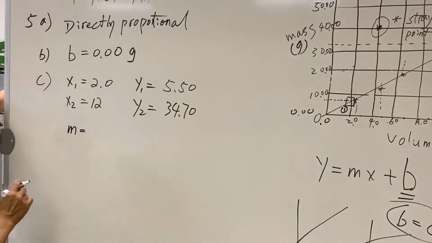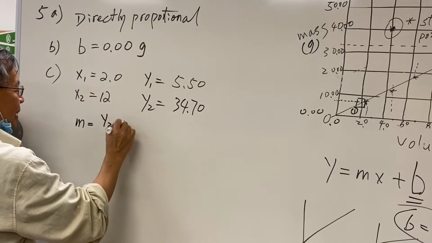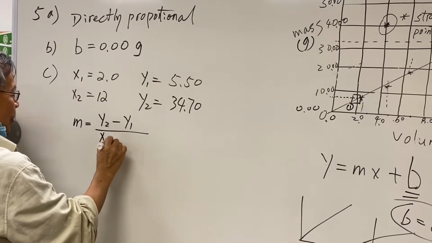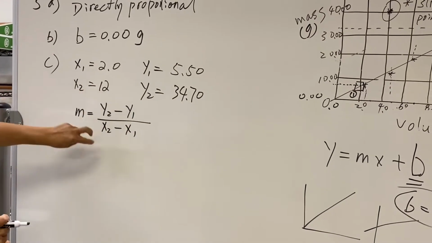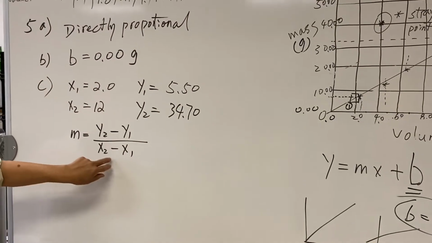Your slope is y2 subtract y1 over x2 subtract x1. Make sure it's y on the top, x on the bottom.